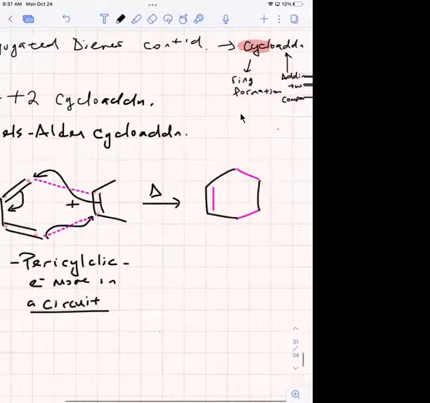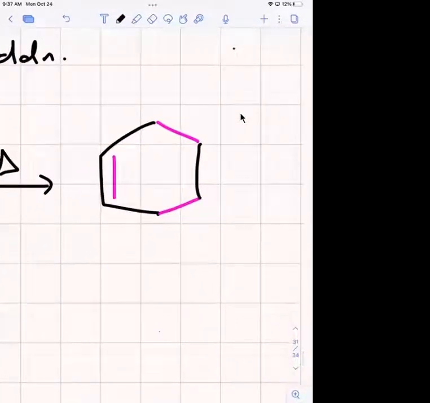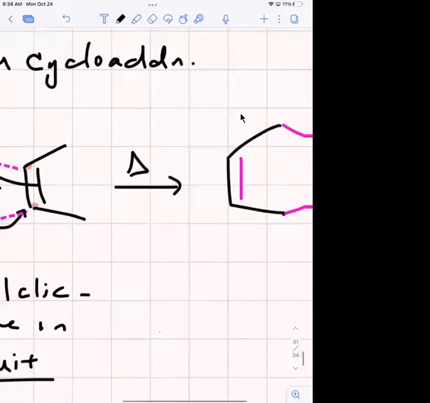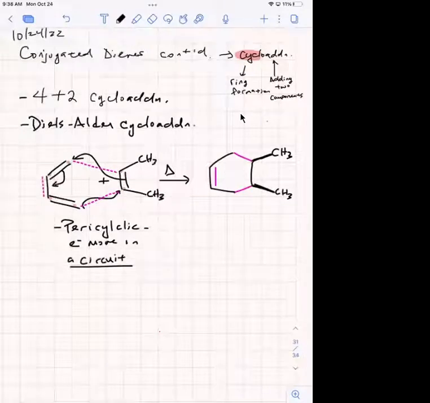And then, of course, I have substituents over here, so I'm going to show that too. I'm going to draw them on a wedge, those 2 methyl groups here. Both of them are wedged. That's on purpose, and I'll explain that.